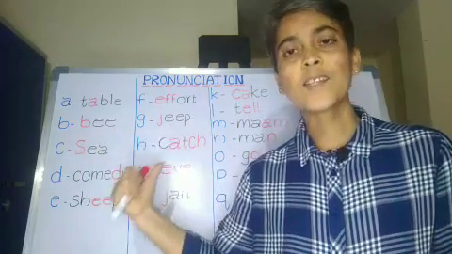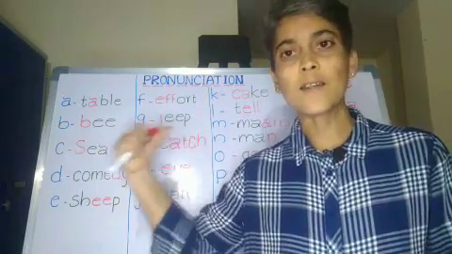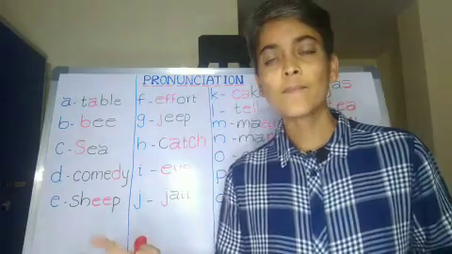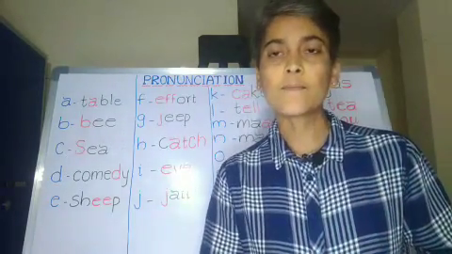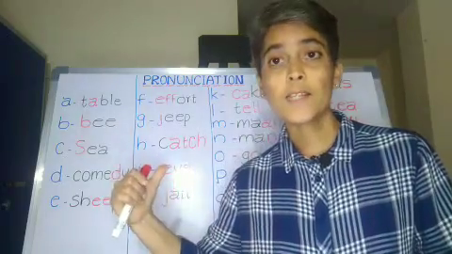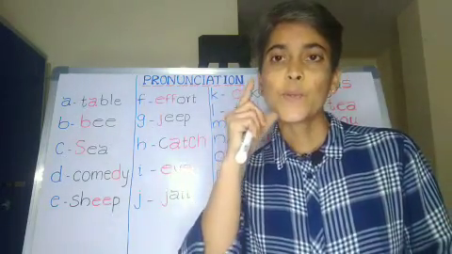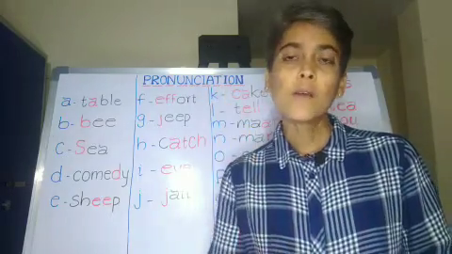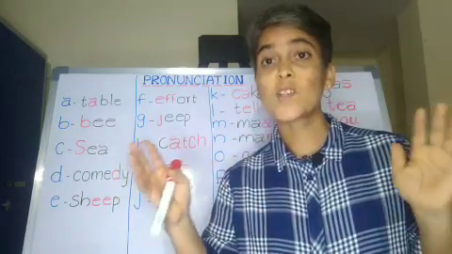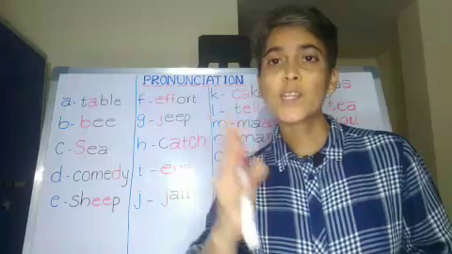So if you practice these words and letters properly, you can pronounce millions of words. After practicing these words, you select some words and go to Google. Everybody has one smartphone now, so you can use that.